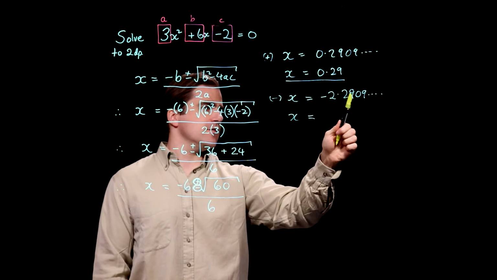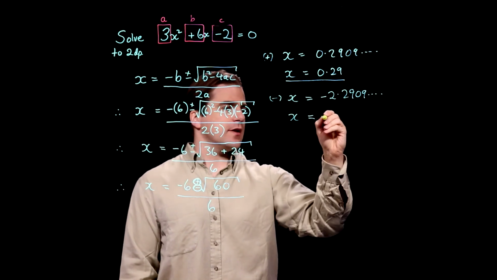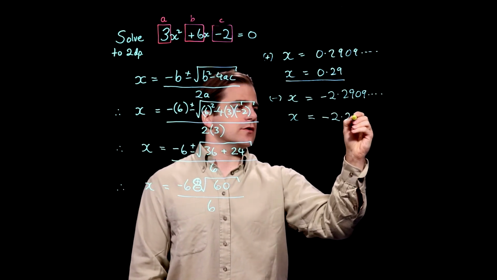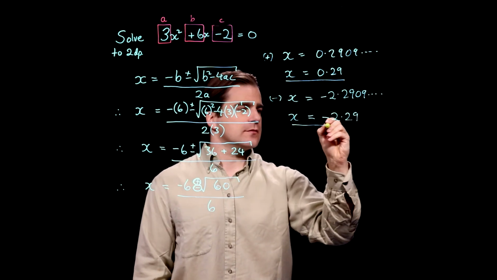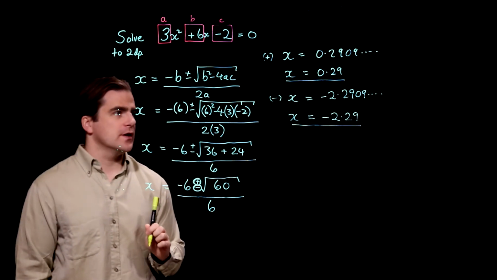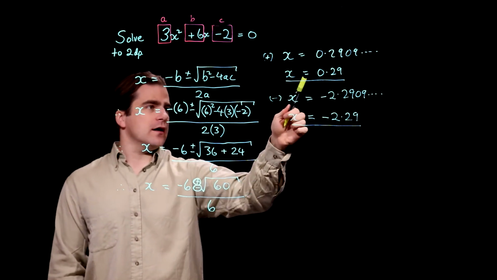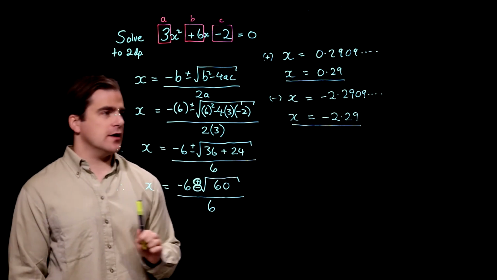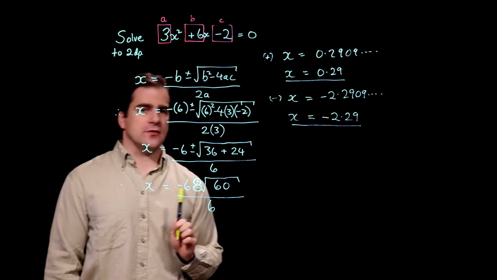Same thing, that 0 leaves that 9 alone, to 2 decimal places, minus 2.29. There you go. Our two solutions are x equals 0.29 and x equals minus 2.29.